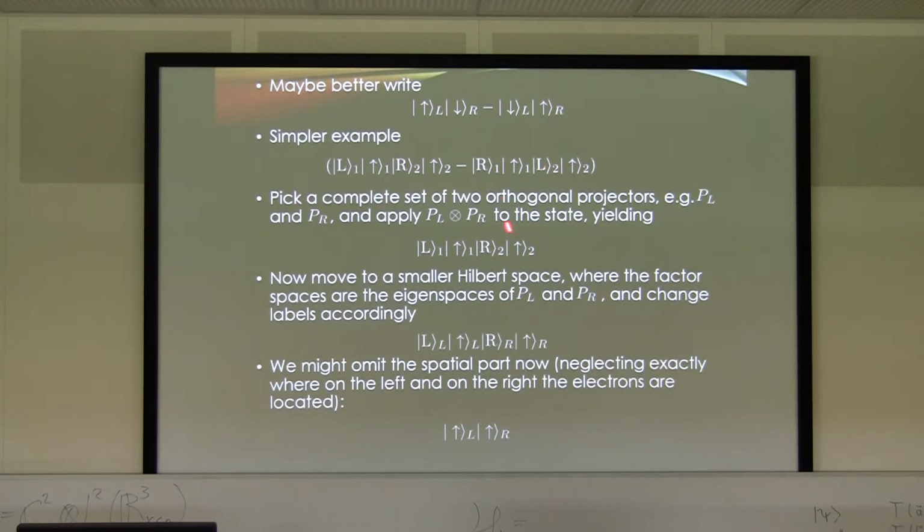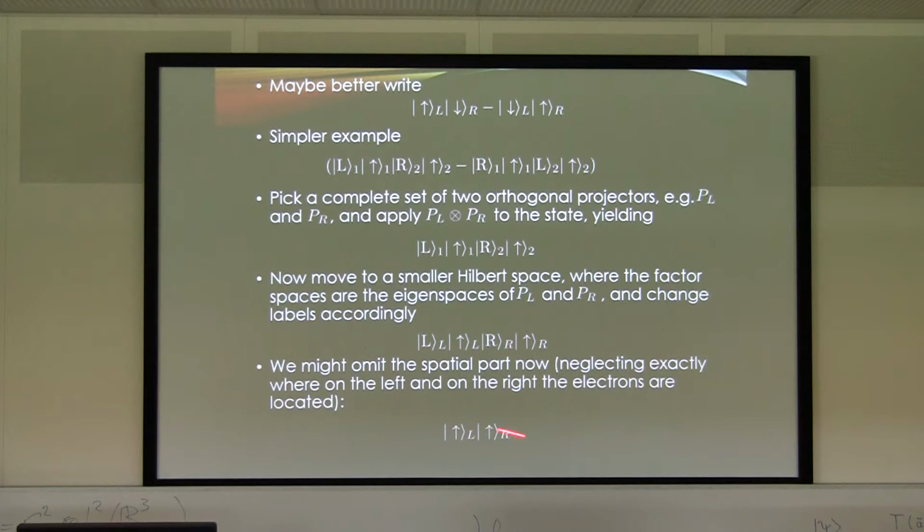You might say electrons 1 and 2 are entangled. On the other hand, we usually interpret this as electron 1 being on the left having spin up and an electron on the right having spin up. And we saw with this procedure we can write it down like this, and then we would say no, they're not entangled, because this is a product state.